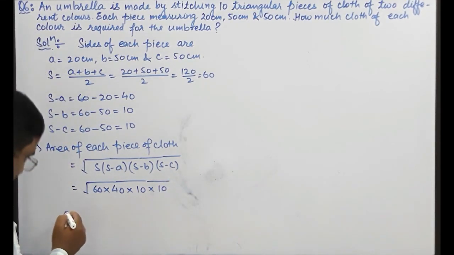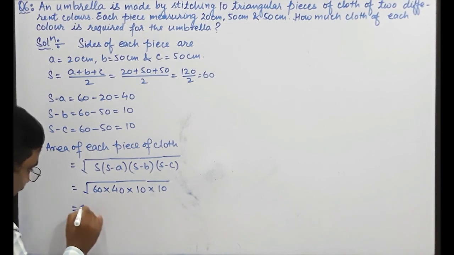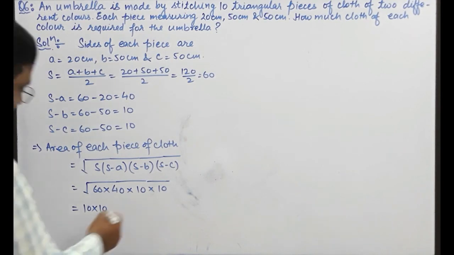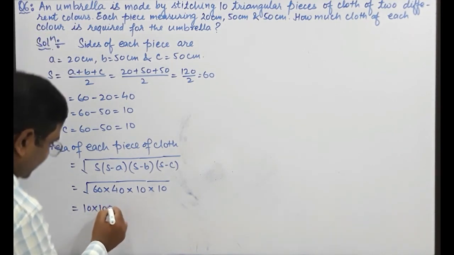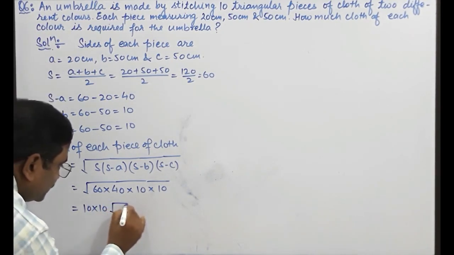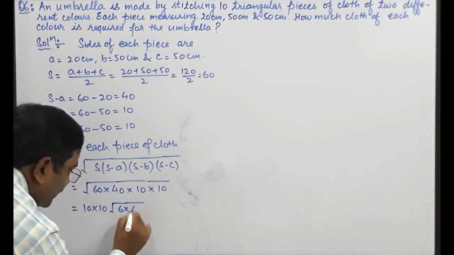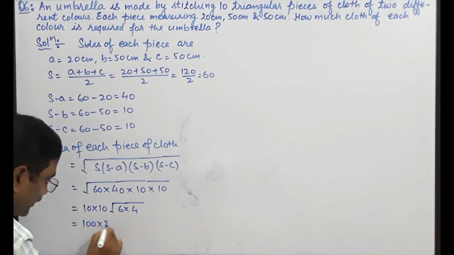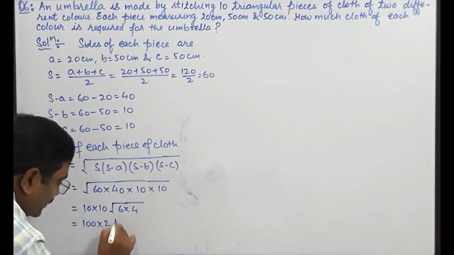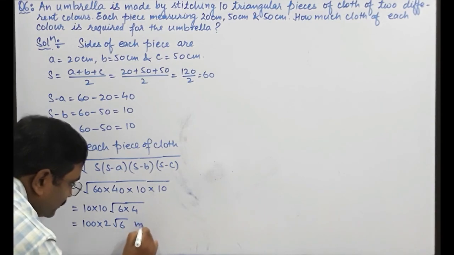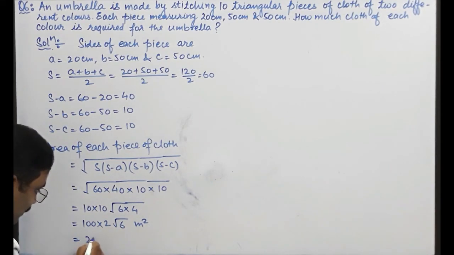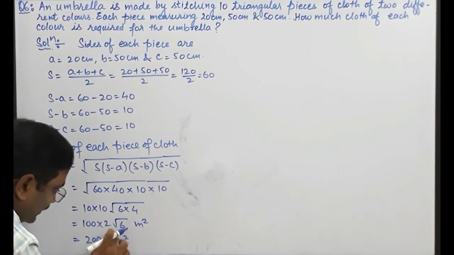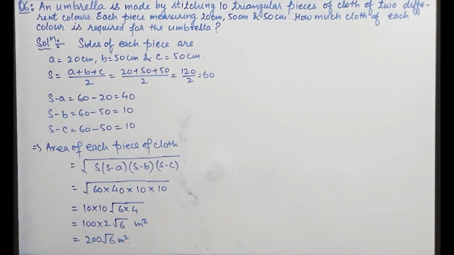So for this we will get 10 multiplied by 10, 10 tens are 100, multiplied by 2 because the square root of 4 is 2, under root 6 meter square, which equals 200 under root 6 meter square. This is the area of each piece.